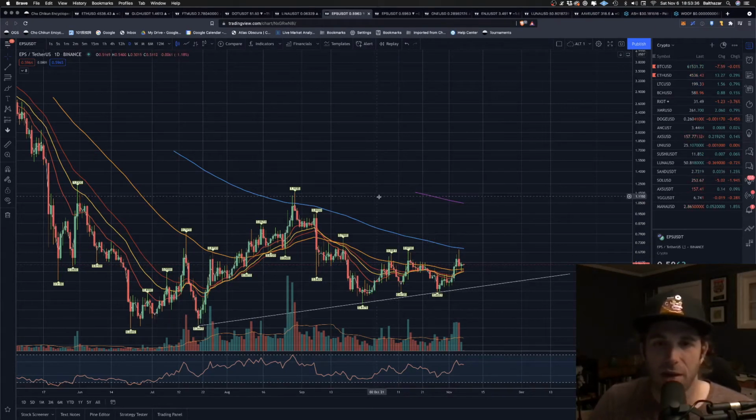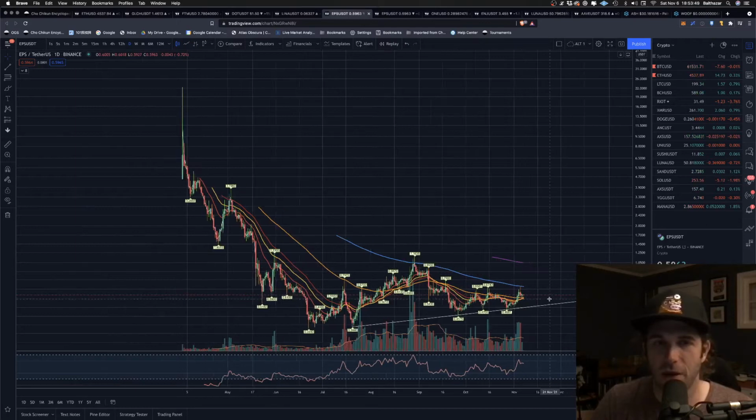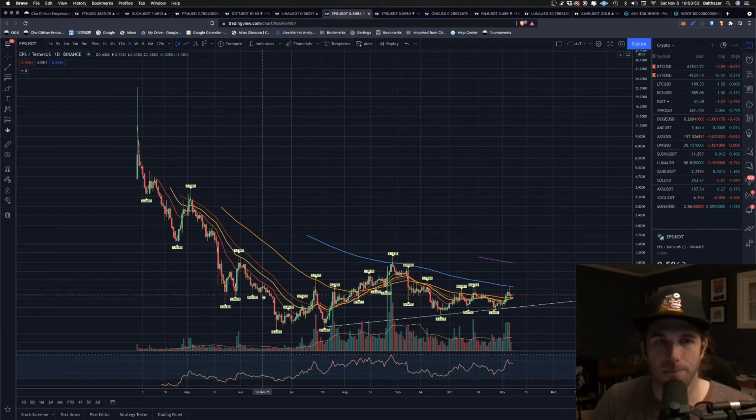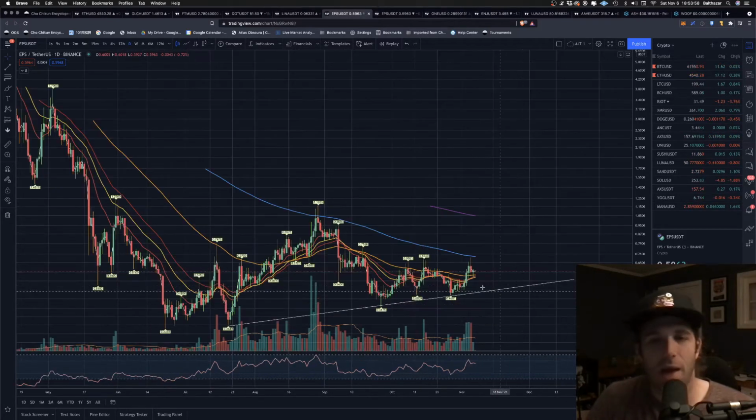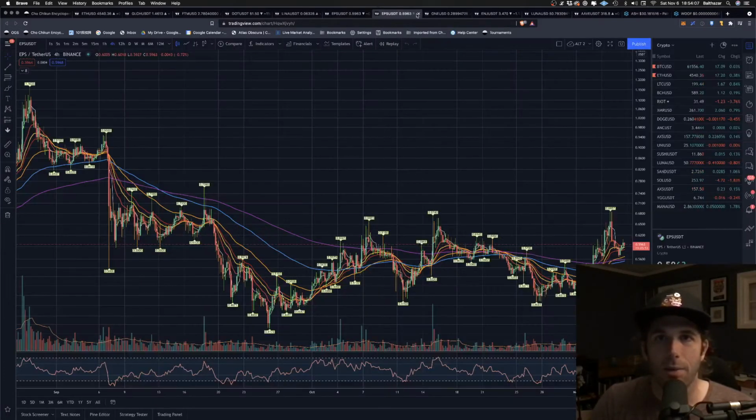When I see this chart, I'm waiting for some indication of what happens after we break this tightening equilibrium. And I don't really want to guess whether it's going to be bullish or bearish. I mean, obviously we got a lot of bear action here, so the price is lower, but there's no reason why it can't go lower. So I personally want to wait until we break out of that range and then react to that. I don't want to guess which way we're going to break out. Oh, that's the same one.